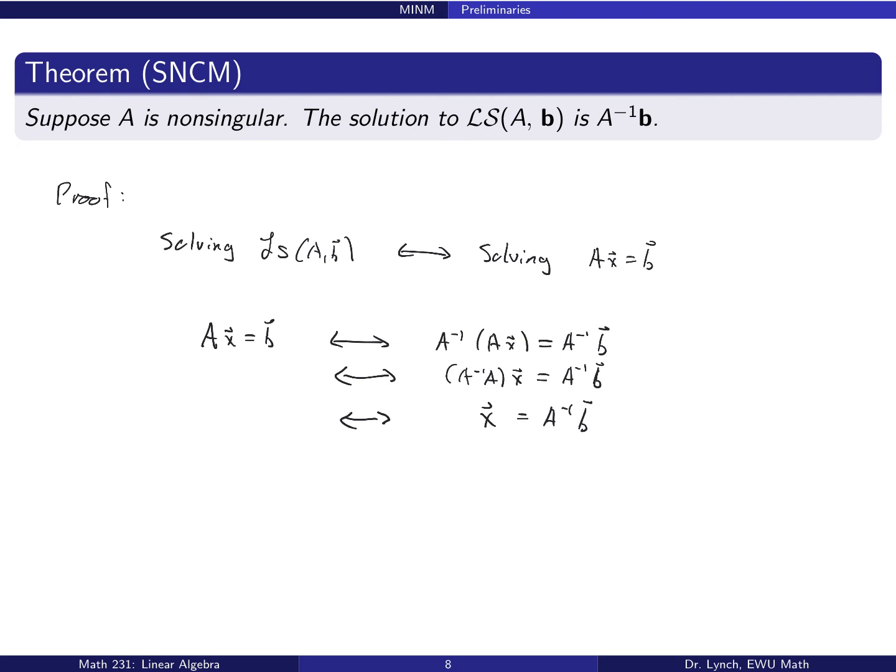Of course, A is non-singular if and only if A is invertible. Reassociate matrix multiplication. A inverse times A is the identity matrix, and we end up with X equals A inverse B.